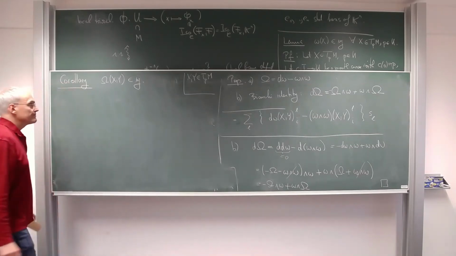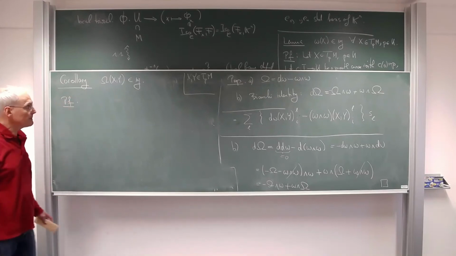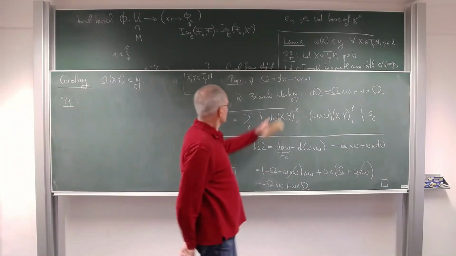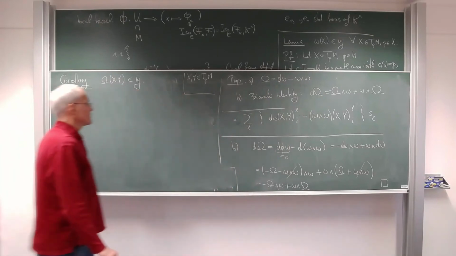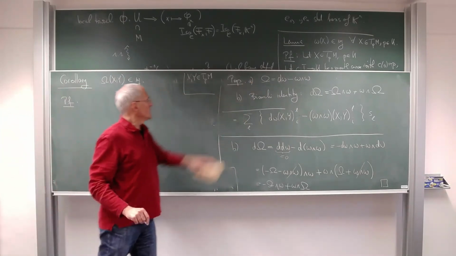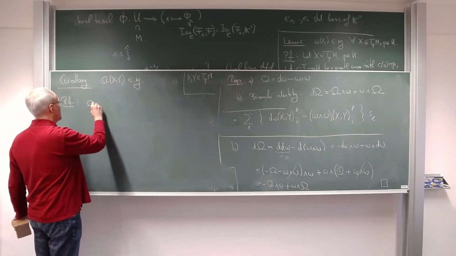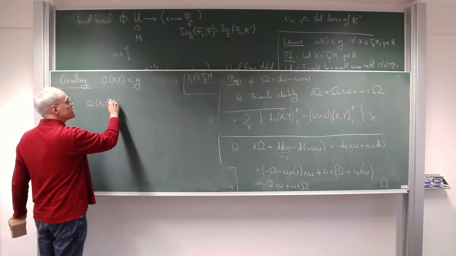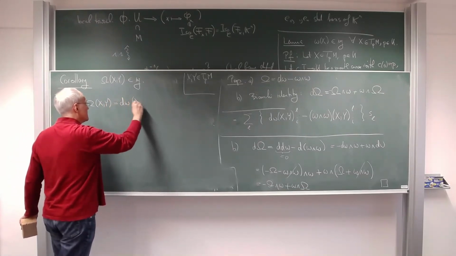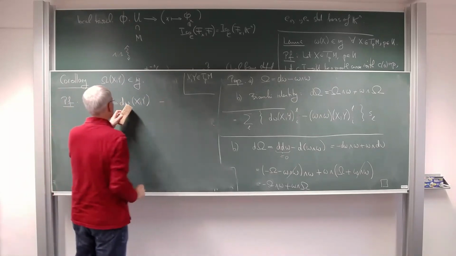And why is that? Well, we use this first equation here. So this is d little omega of x and y minus the other term.